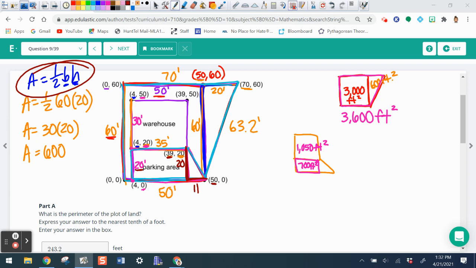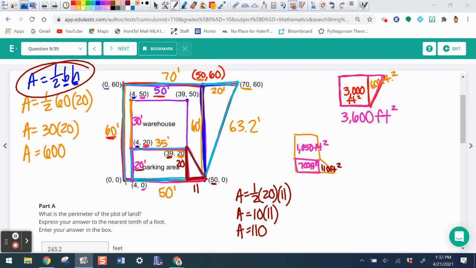So we're going to do 1/2. I'll put that work here. 1/2 times 20 times 11, which is 1/2 base times height of this tiny little triangle. Half of 20 is 10, and 10 times 11 is 110. So the area of this little triangle here is 110 feet squared.